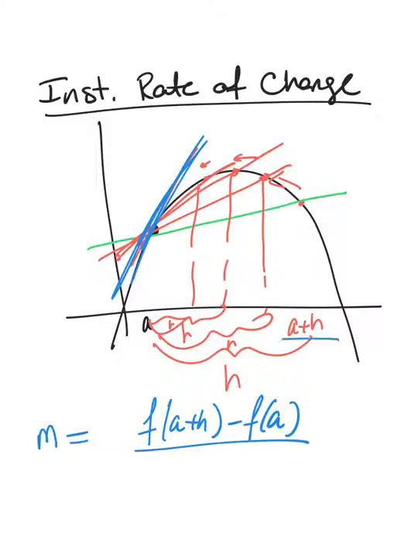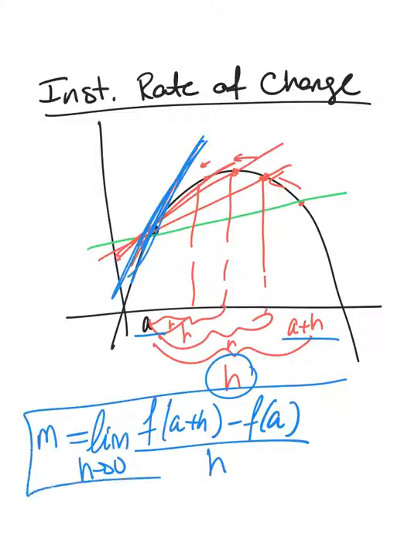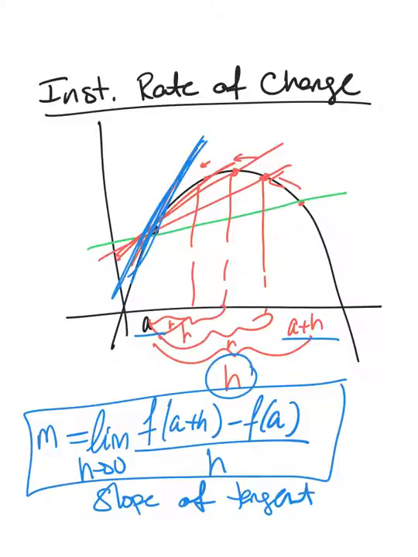Well, a plus h minus a just gives us h. But we want it where h approaches 0, where that distance between the 2 points gets smaller and smaller, and I've got now my point there. And now this is the slope of a tangent line or the instantaneous rate of change.